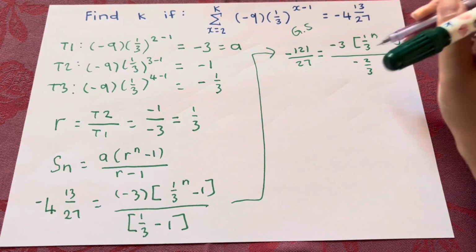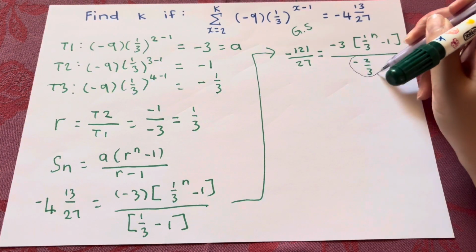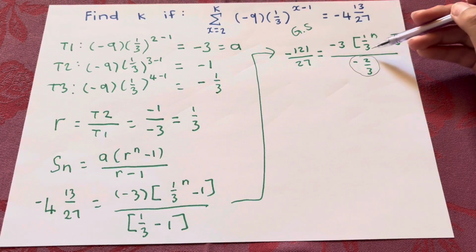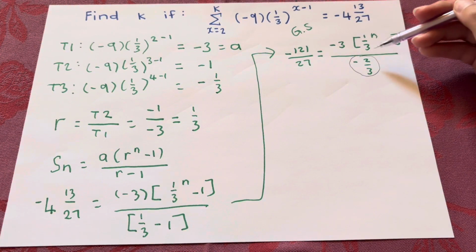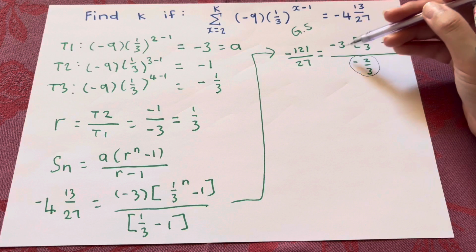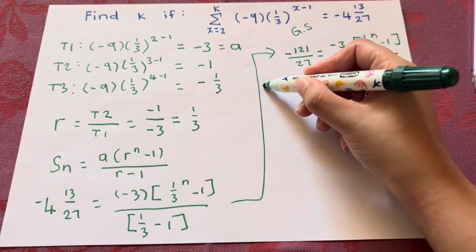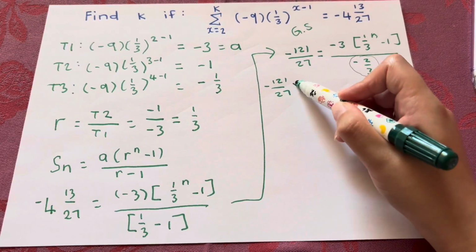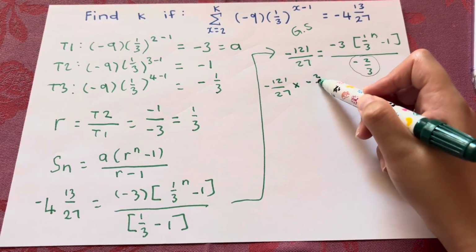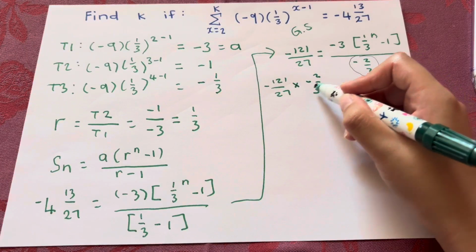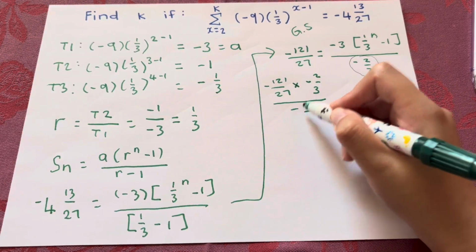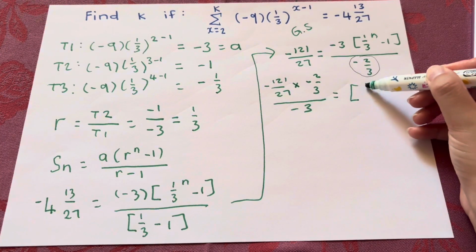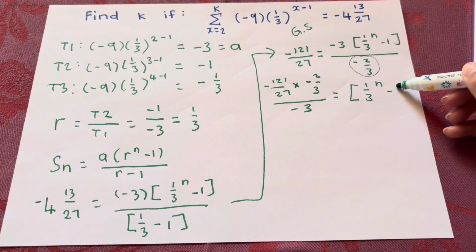So what I can do is, to get rid of the denominator, I'm going to multiply both sides by -2/3. And then to obtain the numerator, to get rid of this -3, I'm going to divide. So I'm going to write an expression that looks like this. Because that will isolate the bracket 1 on 3 raised to the n minus 1.